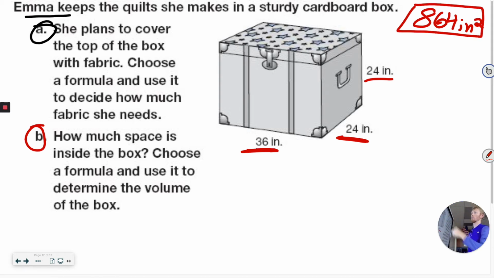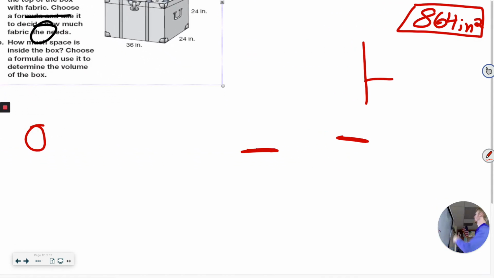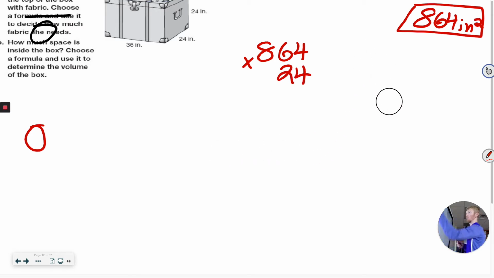That was the length times the width. Now all I need to do is multiply that by the height, and that'll give me my volume. So I'm going to make this a little bit smaller to give me some more space or just move it out of the way. All right, so I'll just take my 864 and multiply that by 24. That'll give me my volume.